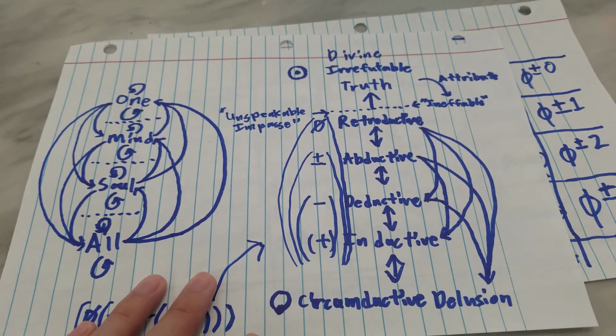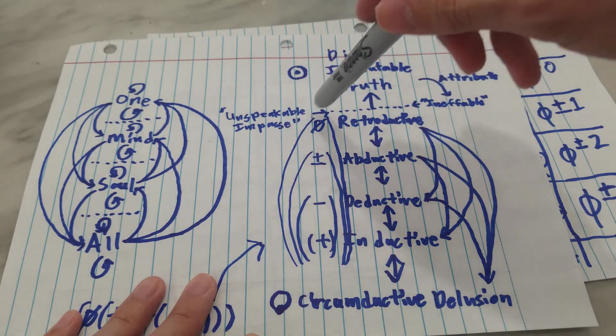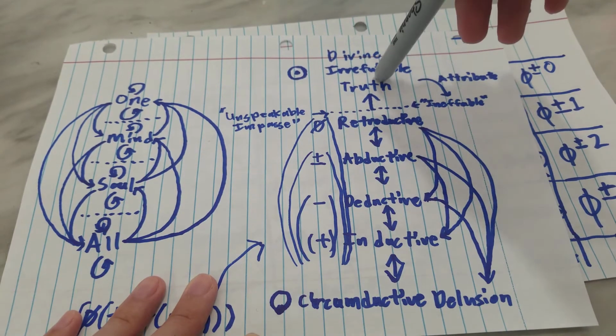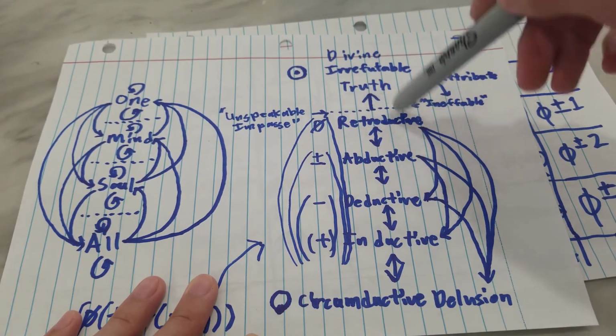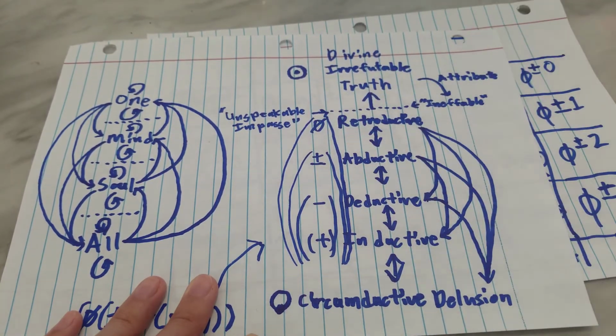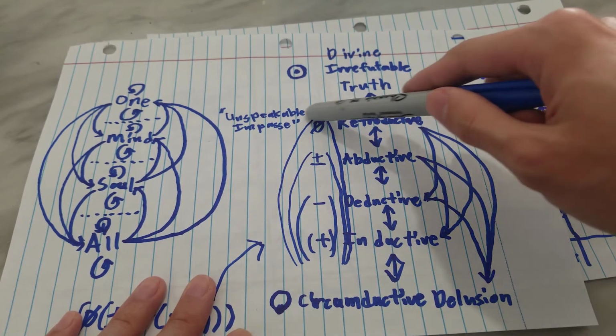But it's none of those things really, because these are all attributes of the divine ineffable truth of reality that is beyond the dialectic, which is why I'm drawing it out like this.